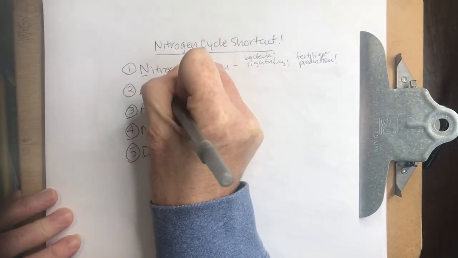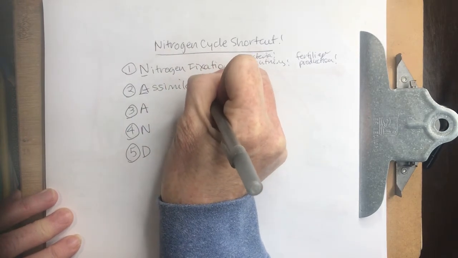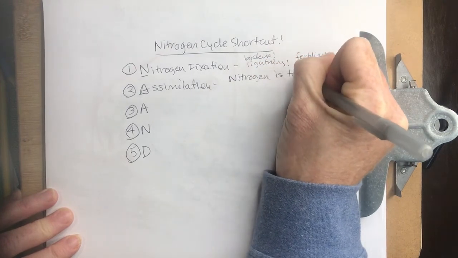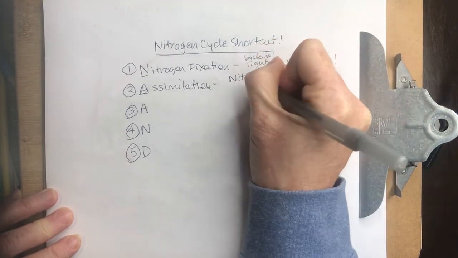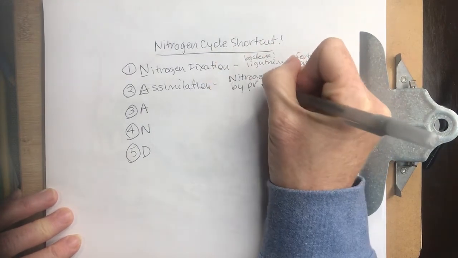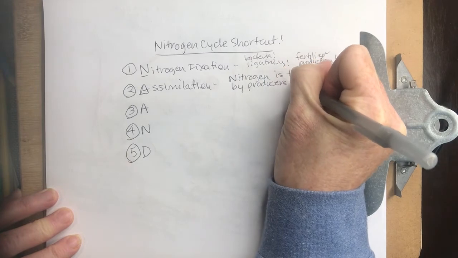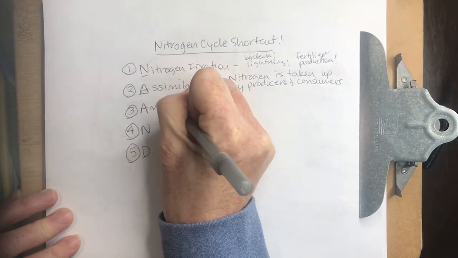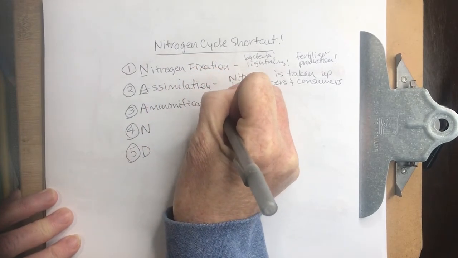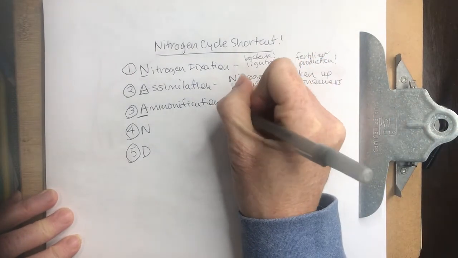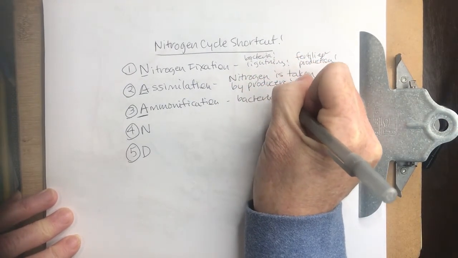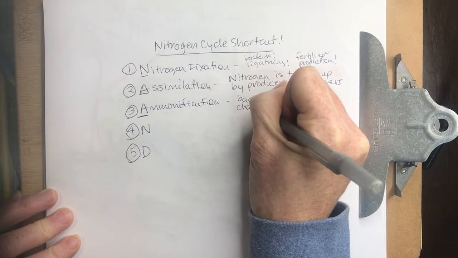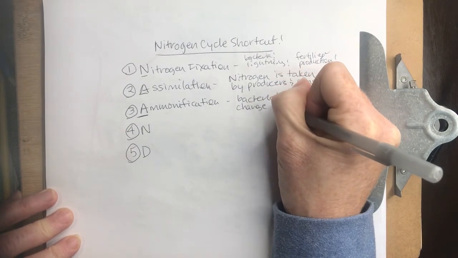A was assimilation, where nitrogen is taken up by producers and consumers once it has been fixed. A for ammonification, which was bacterial decomposers. Once again, changing the form of nitrogen around.